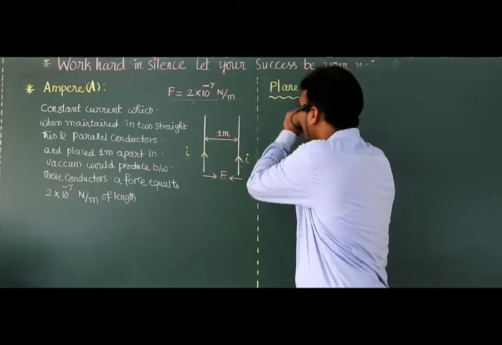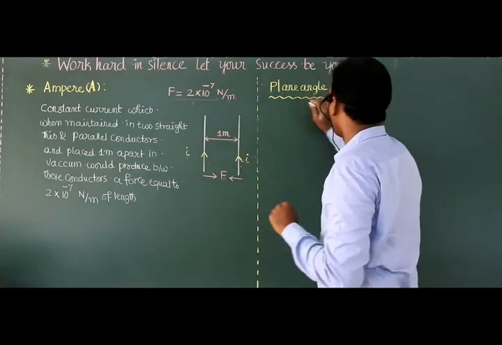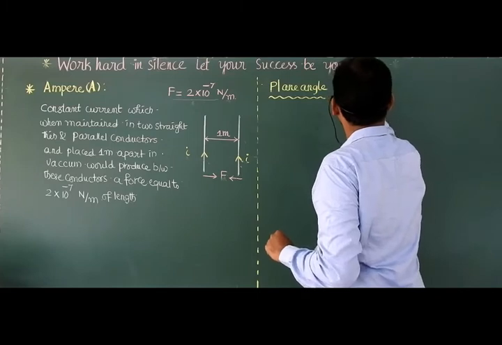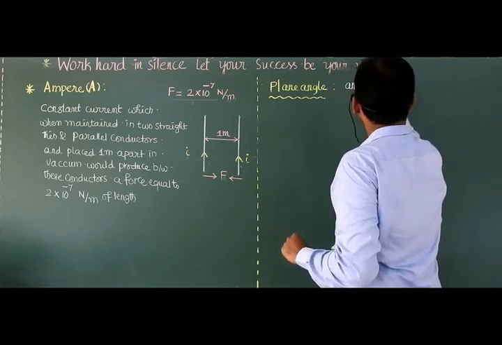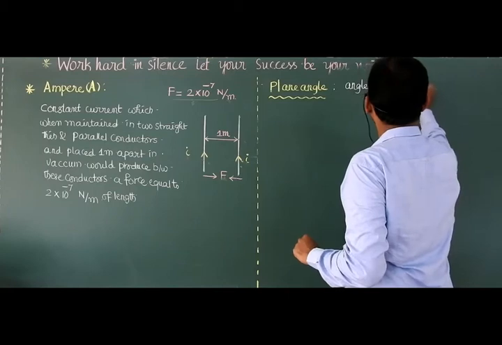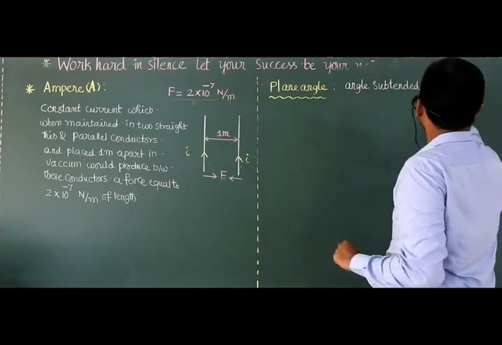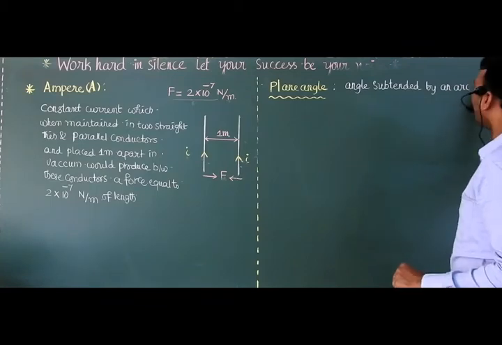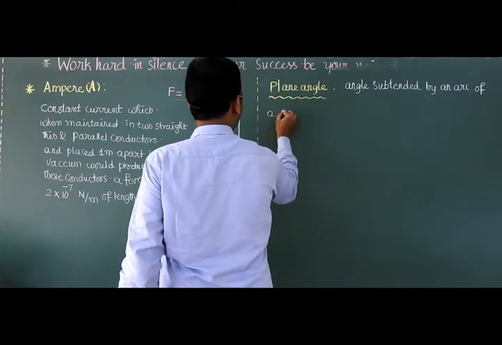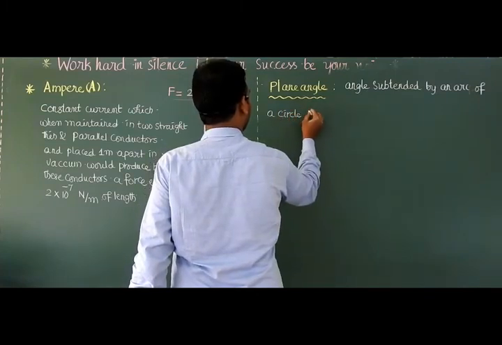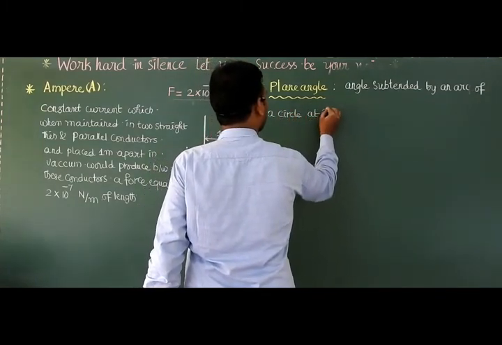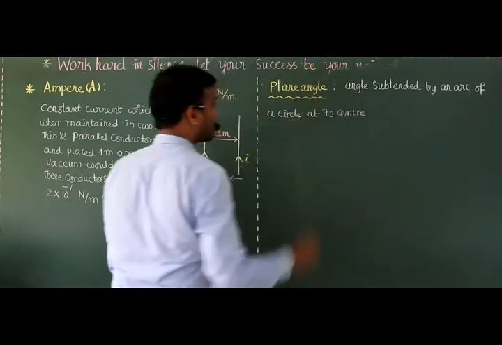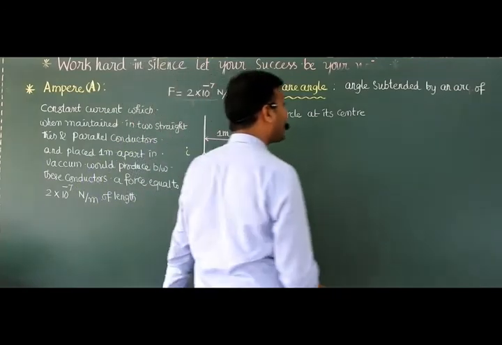Actually, I want to define radian. First, I want to define plane angle. Then I will define radian. Plane angle, nothing but it is the angle subtended by an arc of a circle at its center is known as plane angle.